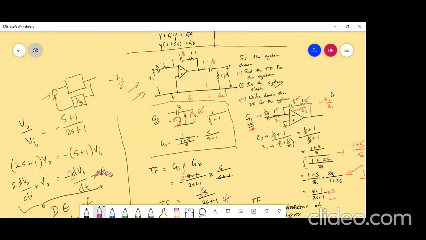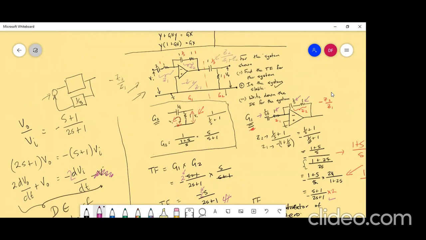For the section with the op-amp, you use the rule that says minus Z2 over Z1, where Z1 and Z2 are the impedances. But over here it is Z2 over Z1 plus Z2, the voltage divider rule.